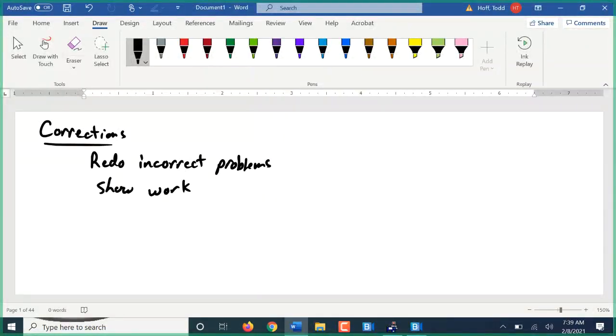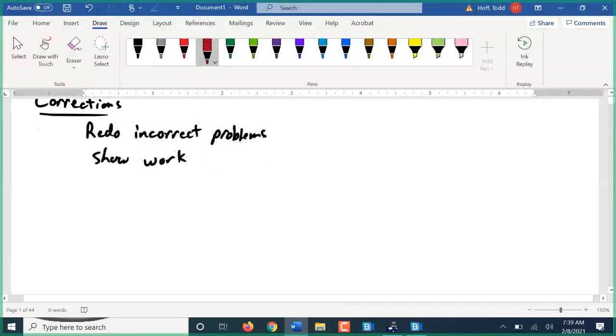Okay, so today, Unit 2. In Unit 2, we're going to cover two things. We're going to cover our machining formulas.